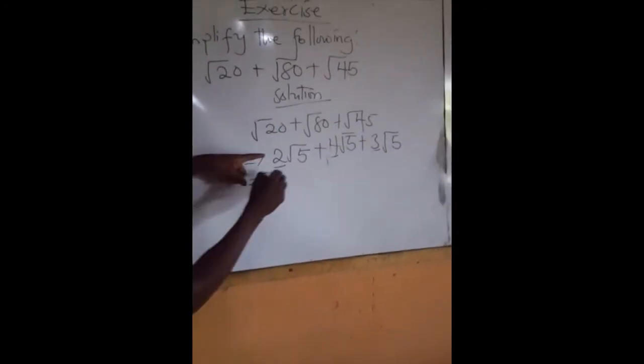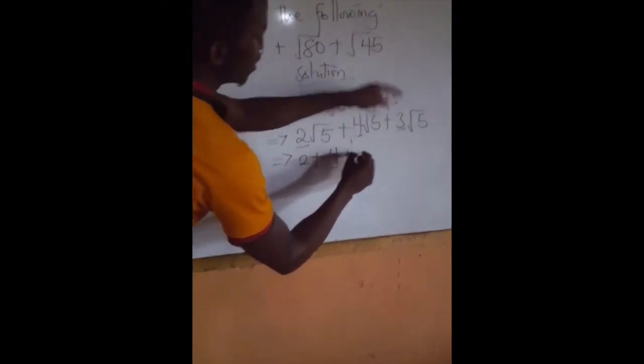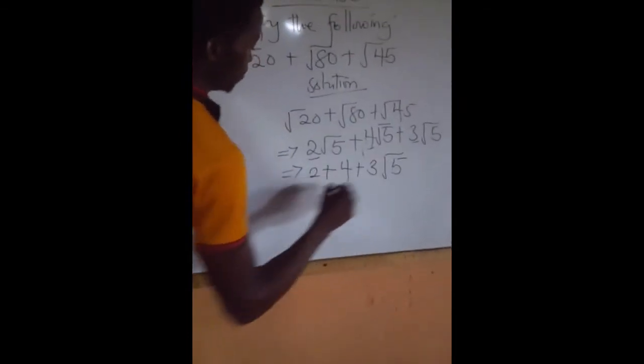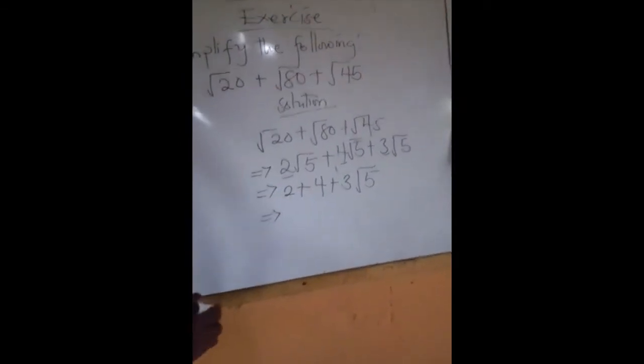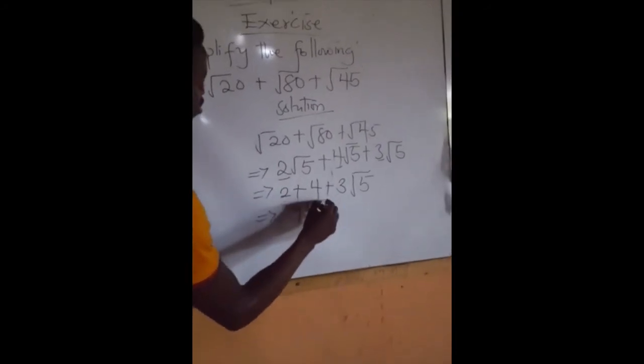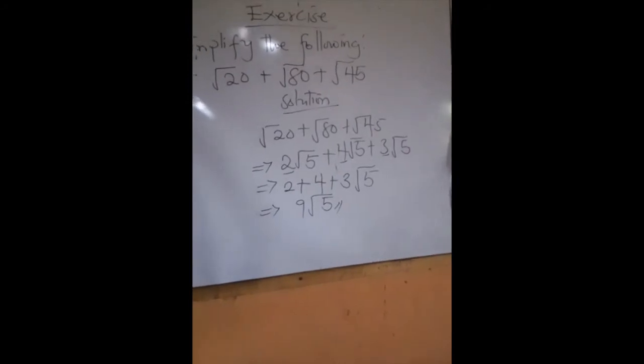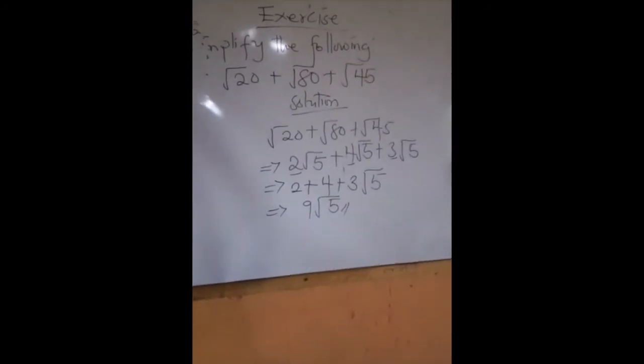So we are going to have our 2 plus 4 plus 3. Then you pick one of the square roots, which is 5. So 2 plus 4 gives 6 plus 3, then you get 9 root 5. Okay, so this is how to go about such questions. Okay.